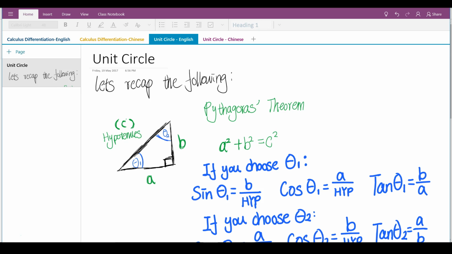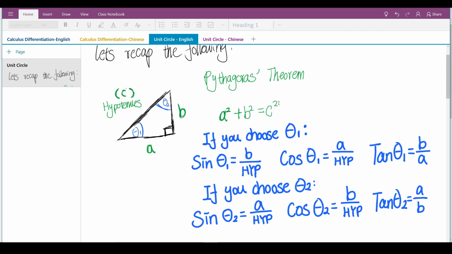The reason I have not written down the words adjacent and opposite is because they can change depending on which angle you choose. Let's say you choose theta 1, which is this particular angle here.